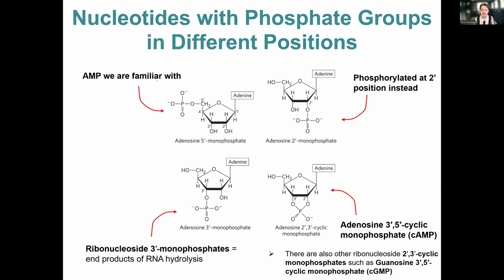So we talked about bases and base modification with that methylation, but just the idea with the phosphorylation pattern. So I mentioned that the sugar is our base, sugar, and phosphate. And notice it's at the 2' position instead of the 5'. Here it is at the 5'. 1, 2, 3, 4, 5'.